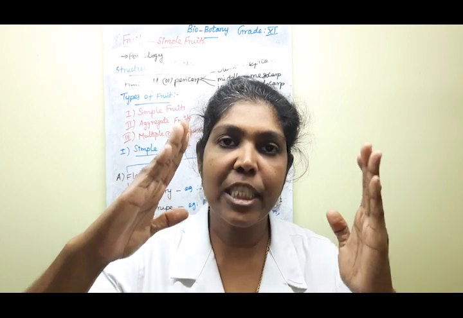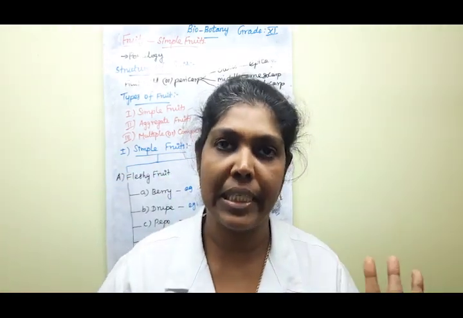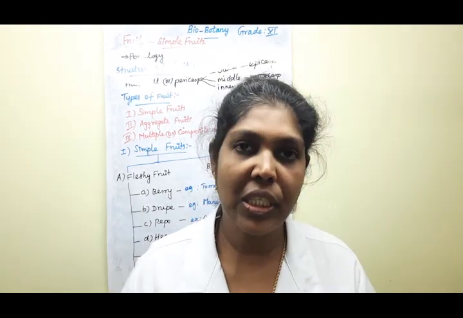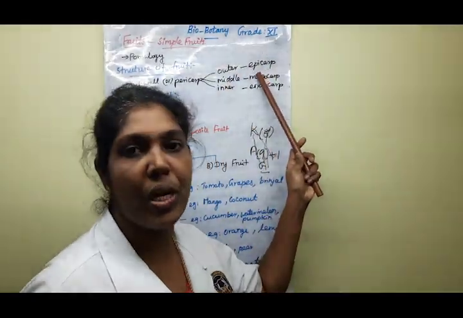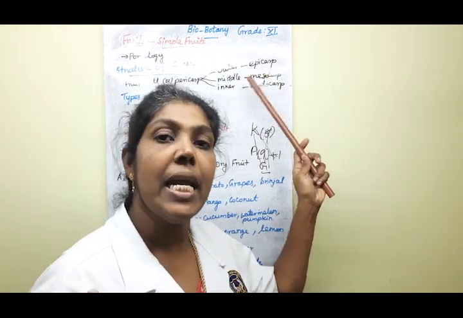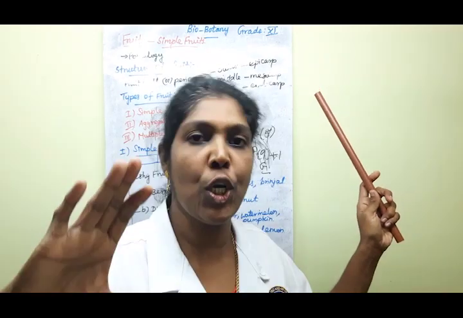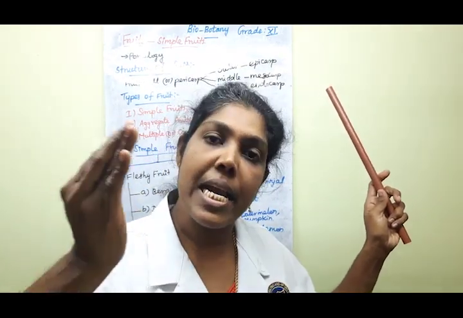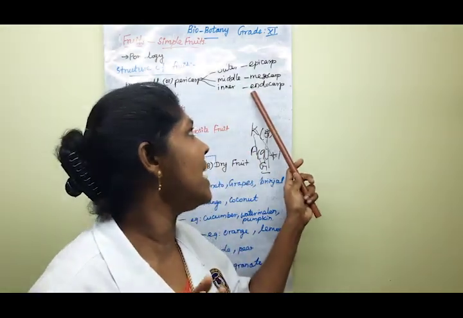Clear? The pericarp is differentiated into 3 regions. Okay, children? The first one, the outer region, is known as the epicarp. The middle layer is called the mesocarp. The inner part of the fruit is known as the endocarp.